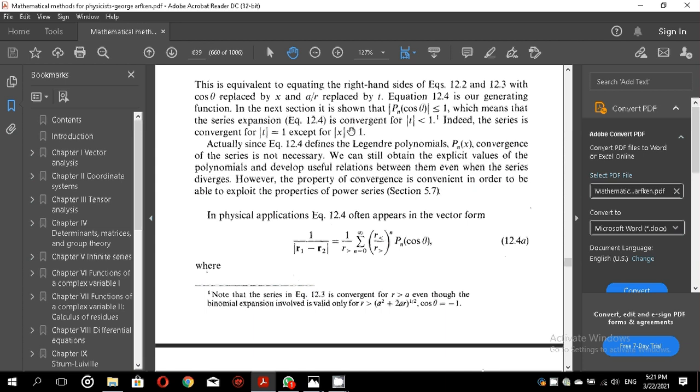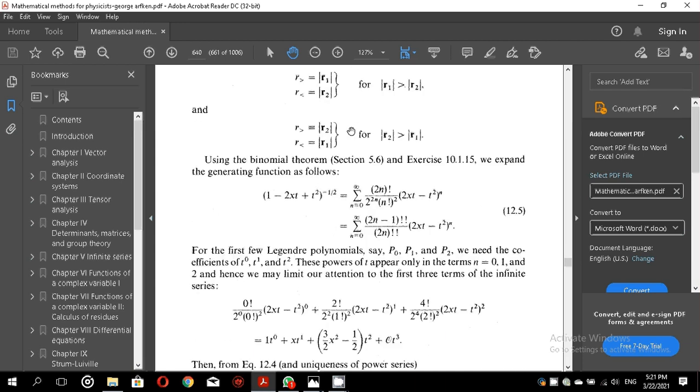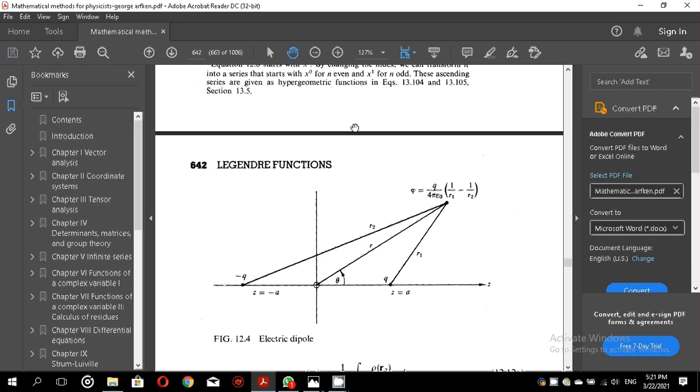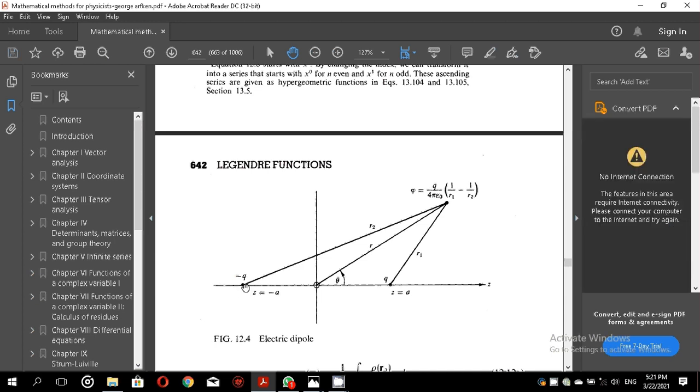Okay, now the beauty of this application of the generating function of the Legendre polynomials: you will see that if we now move on to an electric dipole, and here is an electric dipole, a charge equal to minus q placed at z equal to minus a, and a charge plus q placed at z equal to a, and the electrostatic potential being evaluated at a position r from the origin, the potential is obviously equal to q over 4 pi epsilon naught into (1 over r1 minus 1 over r2).